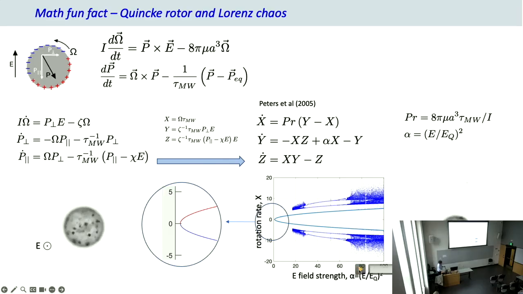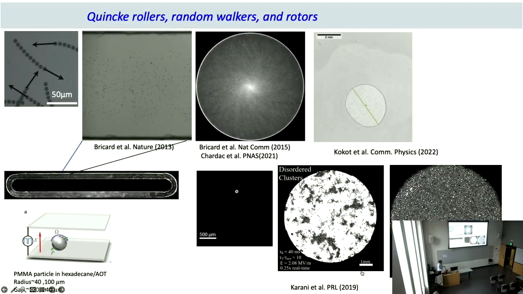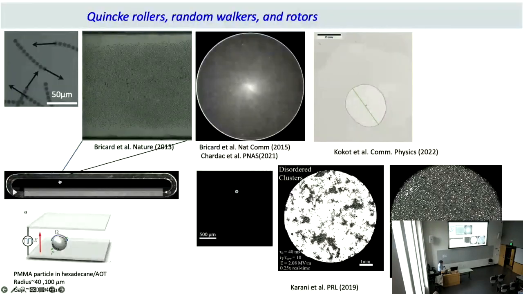Coming back to active matter, the Quincke rotor has become a super popular model system to study active matter, because now this Quincke rotor, well, to start with, it flocks. So this is a bunch of these rollers that have assembled into a kind of propagating wave. This was the original experiment from Denis Bartolo's group in 2013.